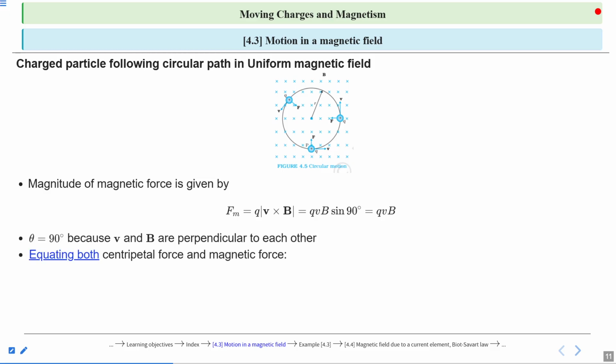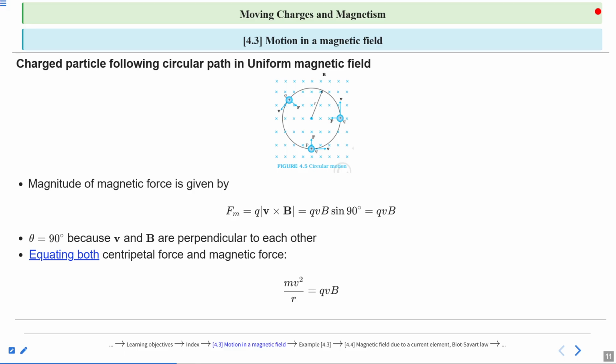Theta is equal to 90 degrees because v and B are perpendicular to each other. Equating the centripetal force and the magnetic force, because the centripetal force is being provided by the magnetic force, mv squared by r is equal to qvB. After rearranging, we find the radius r of this circular path.